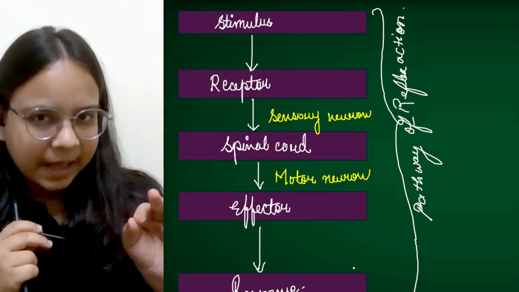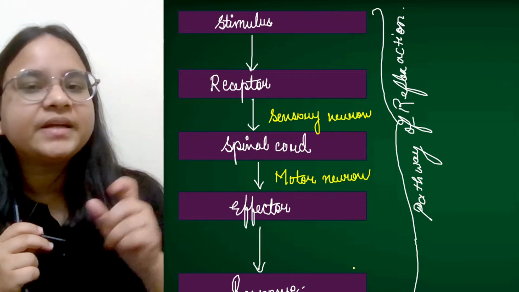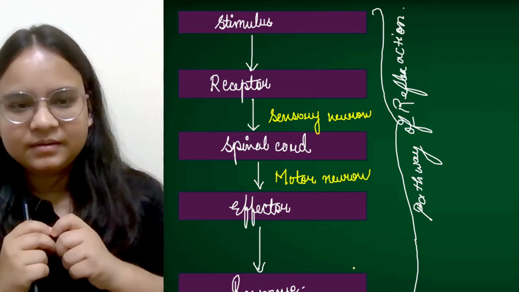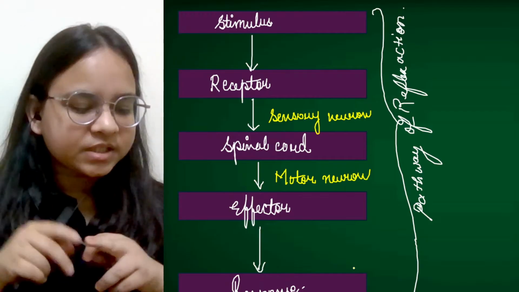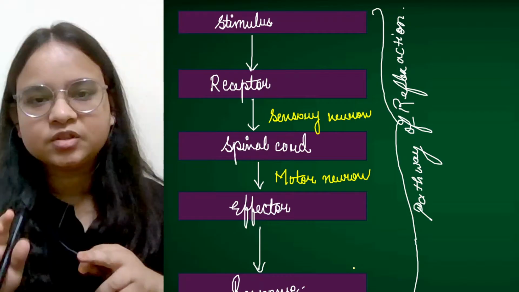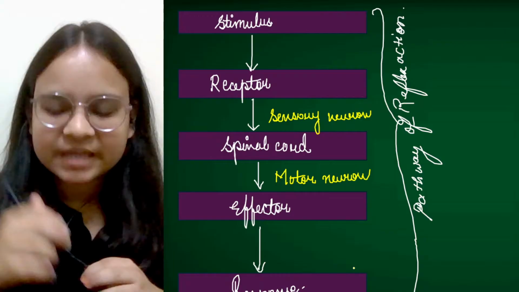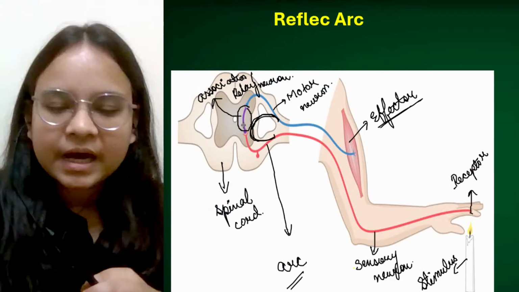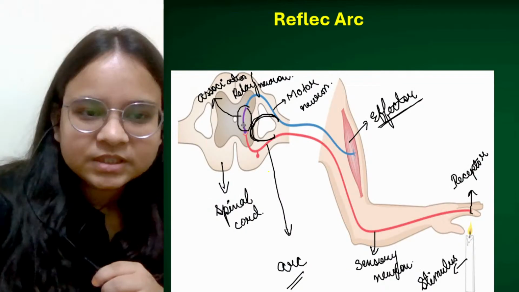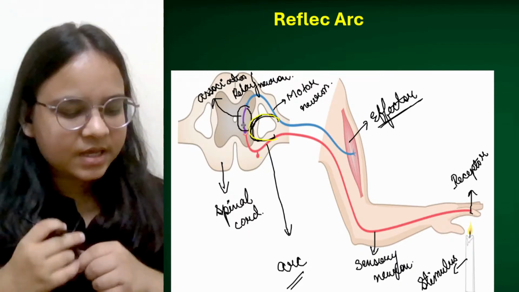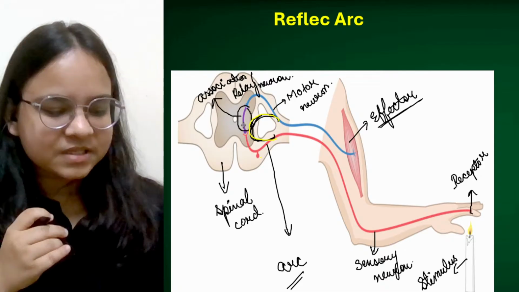And finally, the effector muscle helps in removing our hand. So this way the whole coordination is done in the case of a reflex action. And this pathway is called the reflex arc. Why are we calling it a reflex arc? Because if you see the pathway closely, it forms an arc. So this is the overall thing that we have seen yesterday.